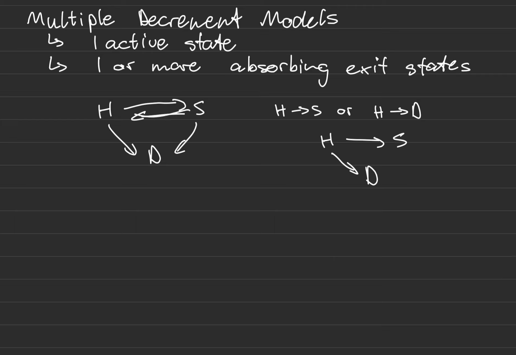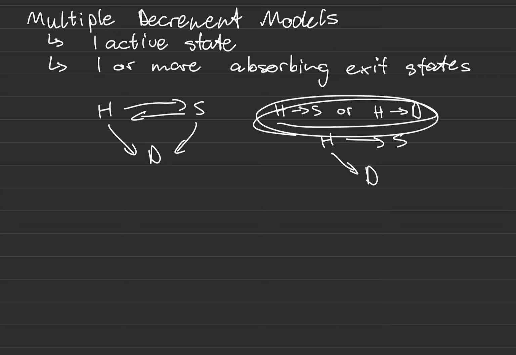So we don't consider that movement back from the sick state to the healthy state. And likewise, once this person moves from healthy to sick, we're also not going to pay them once they move from sick to dead, because the only payments that will be made is on H to S or H to D and on the first occurrence of those.